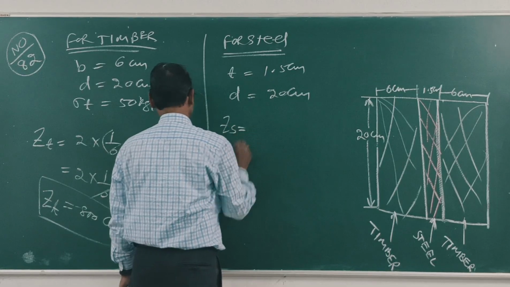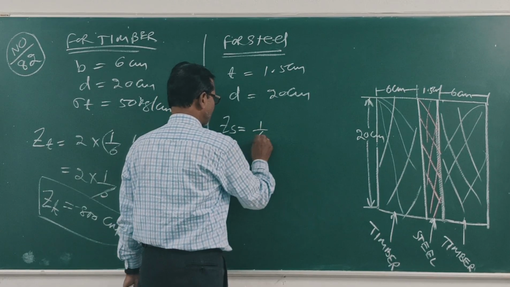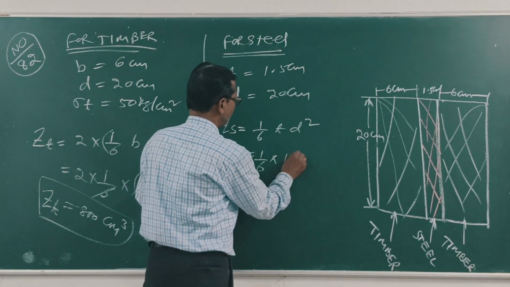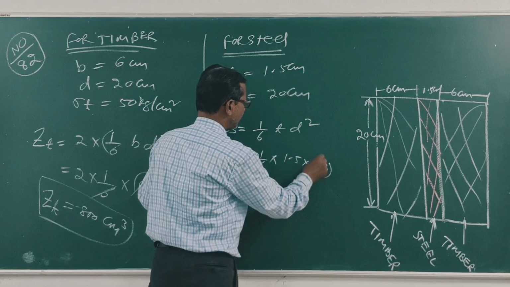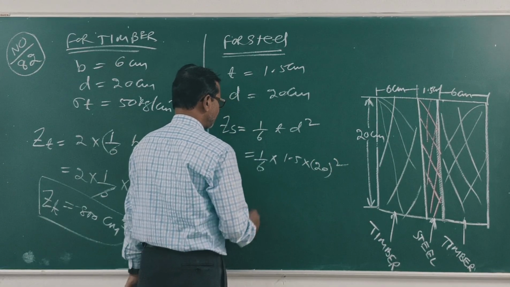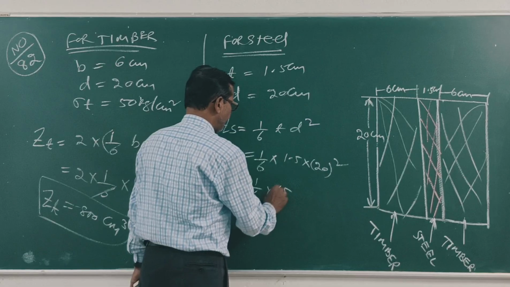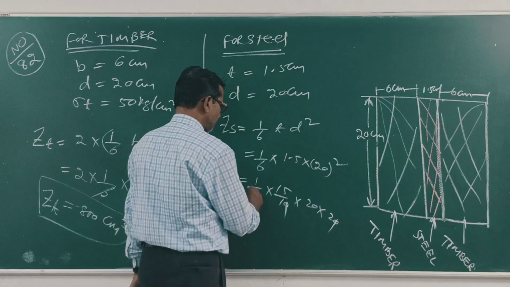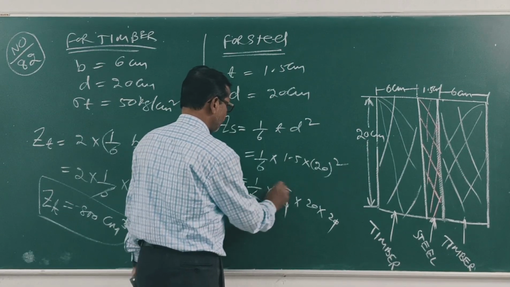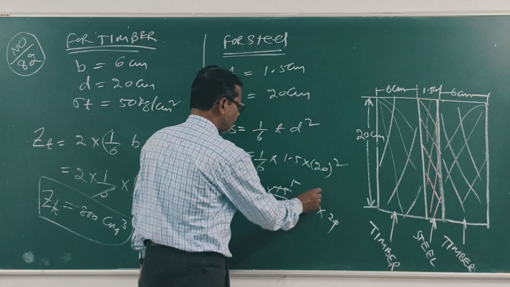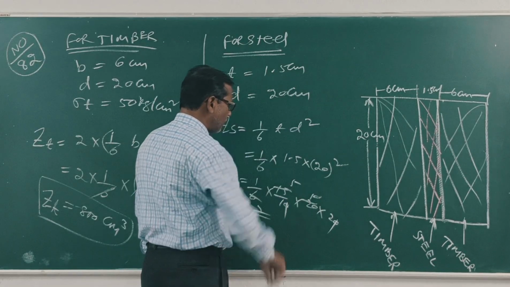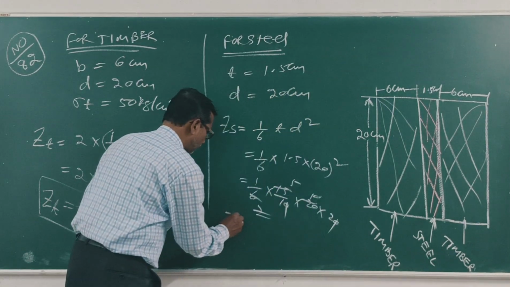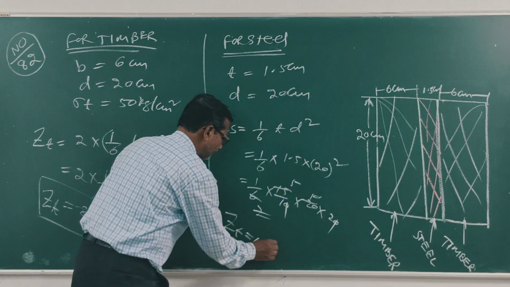Z is equal to 1 by 6 TD square. 1 by 6 into 1.5 into 20 square. Clear? So 1 by 6 into 15 by 10 into 20 into 20. Clear? 100 cm cube. So Zs is equal to 100 cm cube.